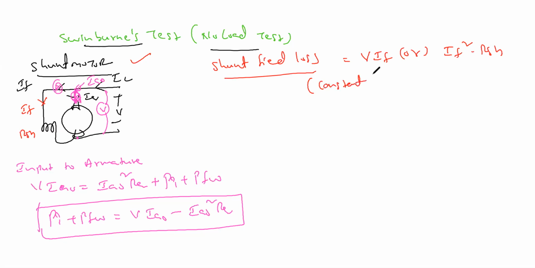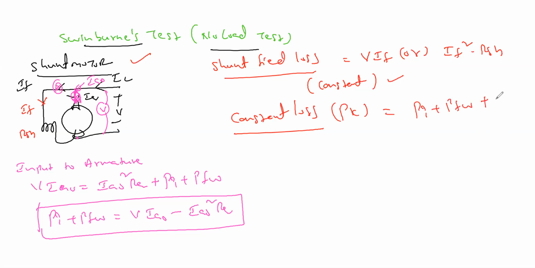Shunt field losses also constant, although हमने variable losses के नीचे लिखा like stator and rotor. Rotor तो variable है, IA square RA. Stator, which is the field, IF square RSH, is a constant. So total constant losses in machines, say PK, what will happen here now? PI, PFW plus shunt field losses, say PSH.